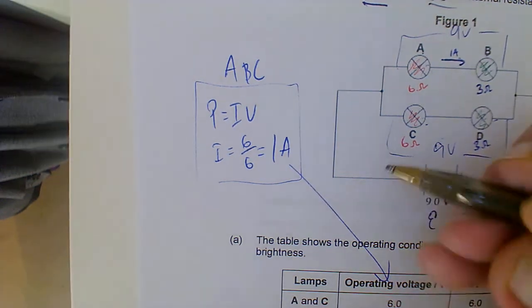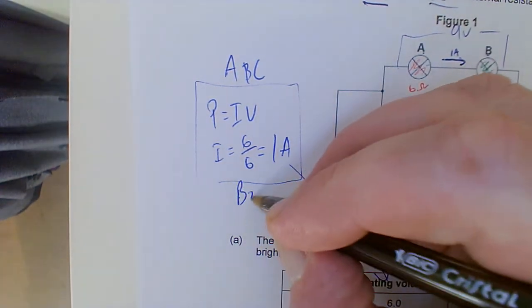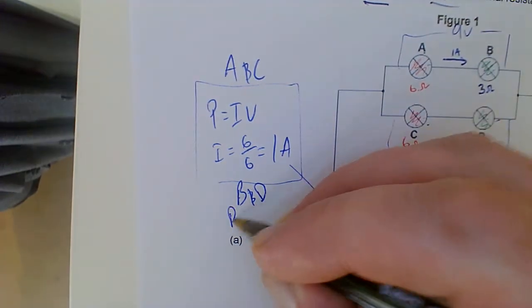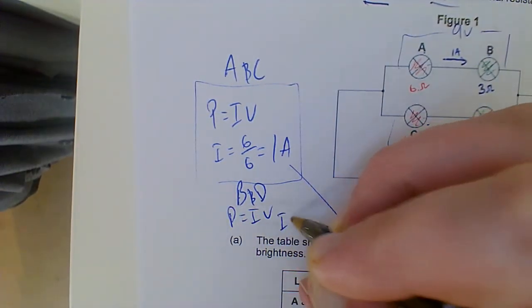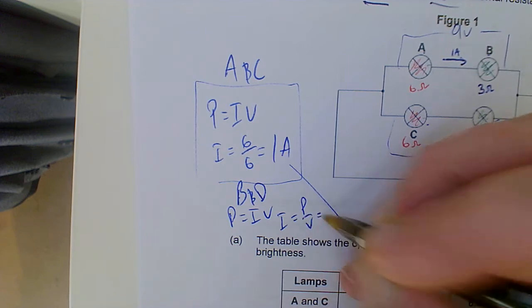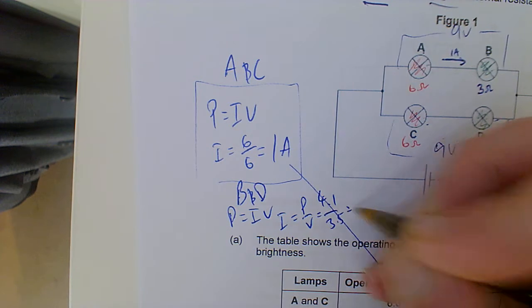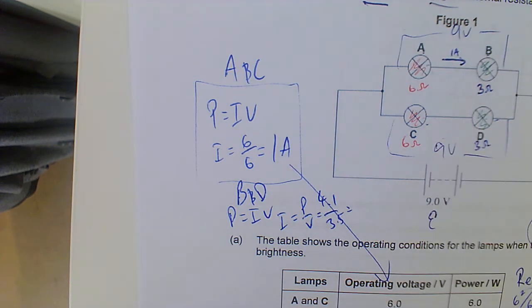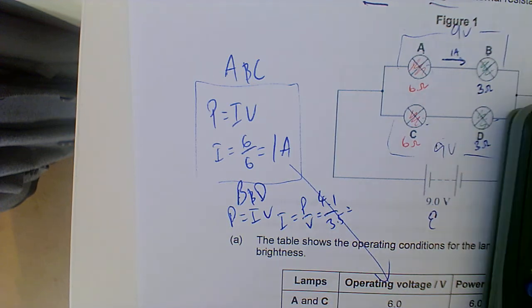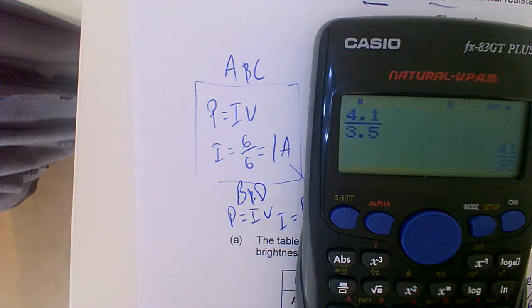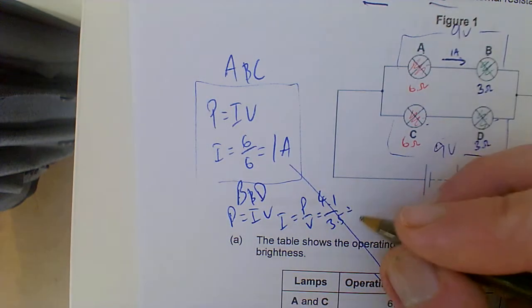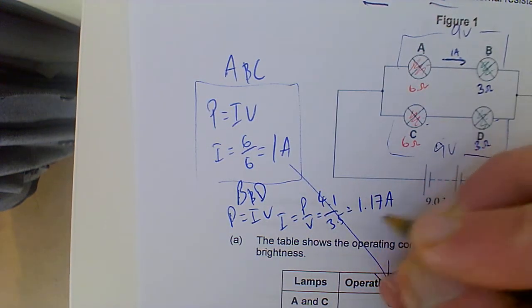Right, so for B and D, P equals IV, so I equals P over V. P is 4.1 over 3.5. And that answer is 1.1714285, about 1.17 amps.